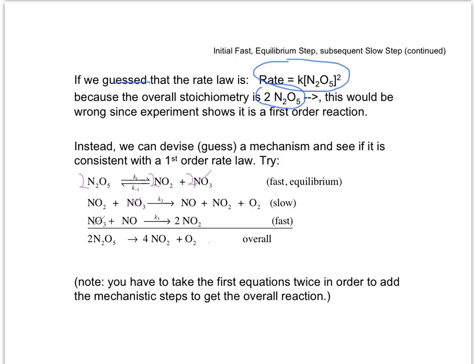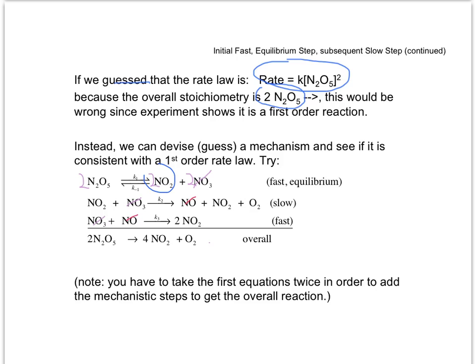So then the NO3s are going to cancel, so NO3 is an intermediate. And then the other intermediate here is NO. So NO cancels, and that's it. Now let's count the NO2.